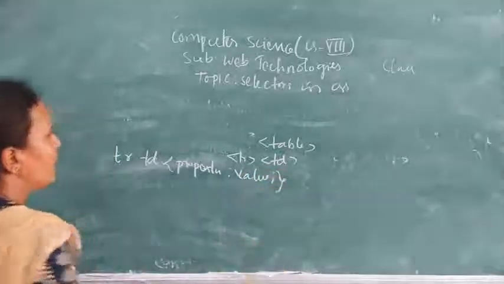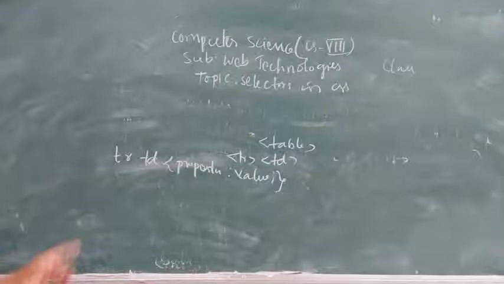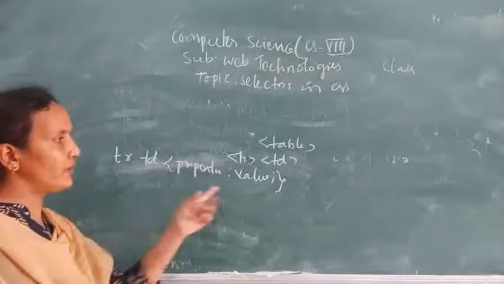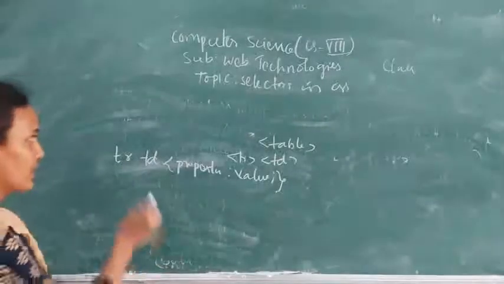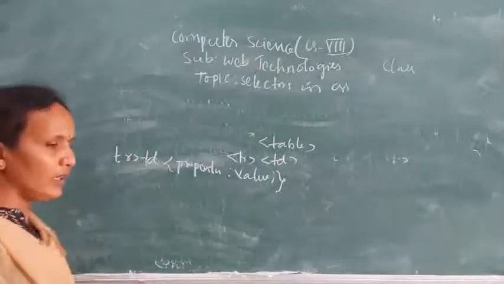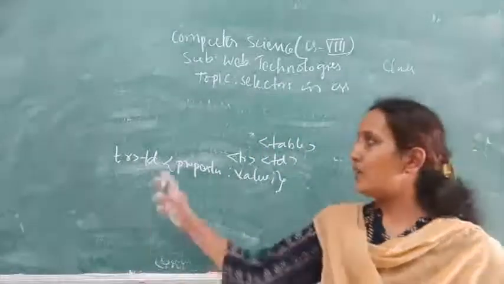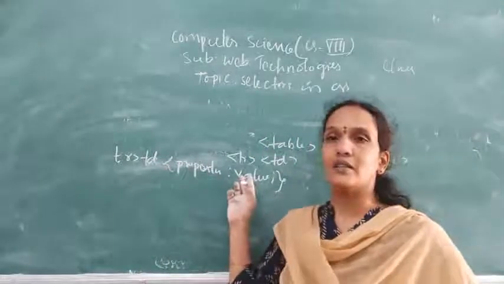So in this TR, whatever TDs are there, if you want to give the property, then you can. Just here you need to add this greater than symbol. So in our TR, whatever TDs are in the row, that will be given into a scope.